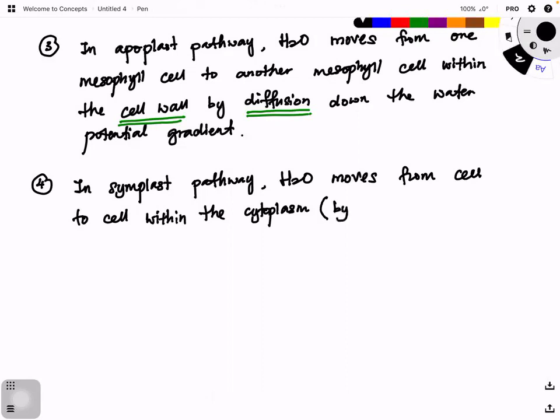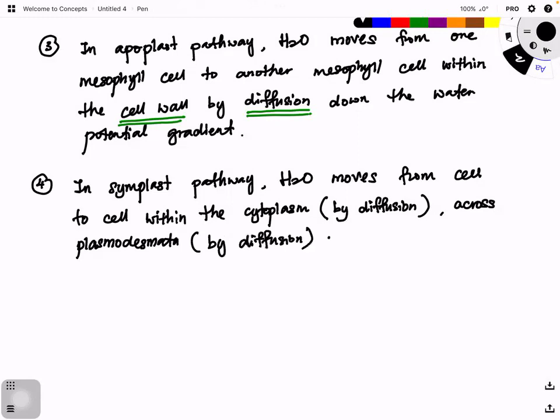By diffusion. Or across plasmodesmata, again by diffusion, because no membrane is involved, or enter into the vacuole. In this case by osmosis.